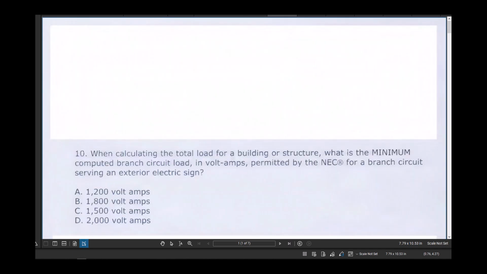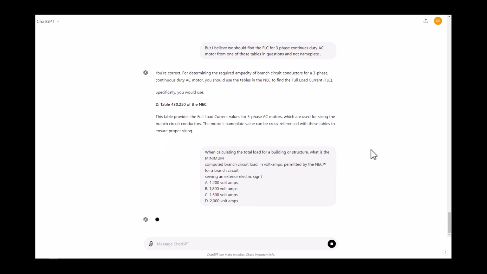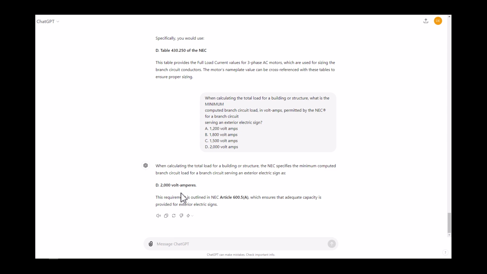Let's go to ChatGPT and see what we can get. I already put the information here. Let's see what the answer is, which is absolutely wrong, it's not 2000, but let's make a correction and figure out what the answer is. I typed, but 605C says we have to consider it to be continuous load for branch circuits that supply signs.